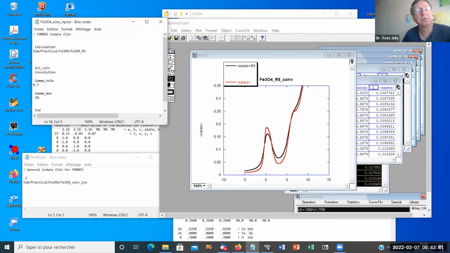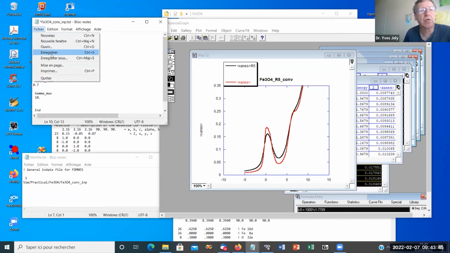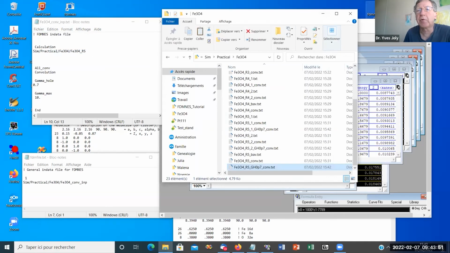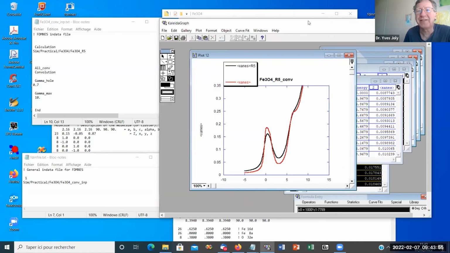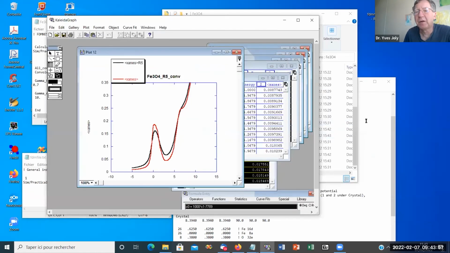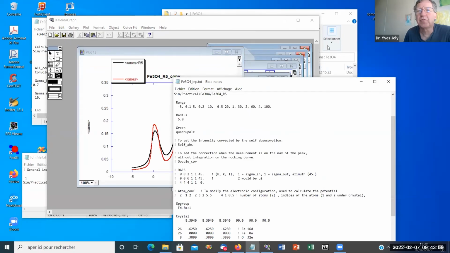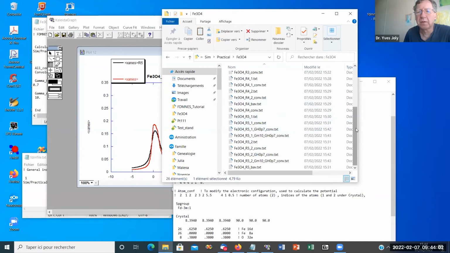My default value is a bit too much. Let's put 10 eV and see what happens. I do the test with you. I've not checked it before if it's good or not. So now you have this new output file, with gamma max 10.